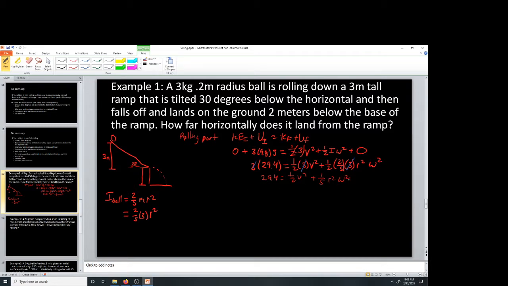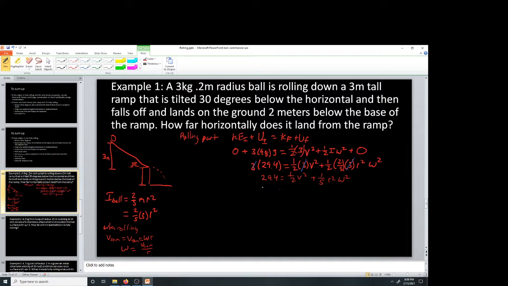Now, we know that v, when rolling, v com equals v tangential, which is equal to omega r. So omega is equal to v com over r.